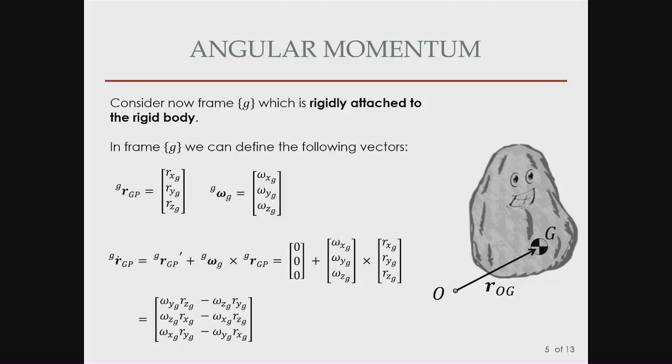Now, I will use these temporarily just so that you understand what's going on, and then I'll go back to only omega and later this I. So this is just auxiliary calculation. Are there any questions so far? Now, let's look at this vector RGP.